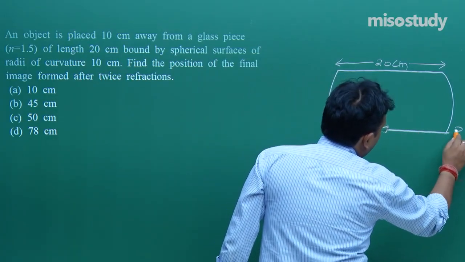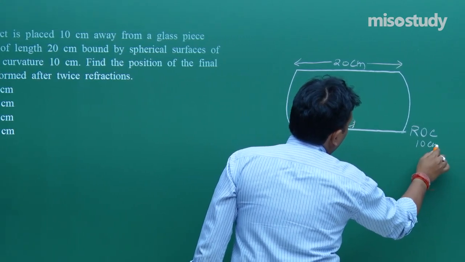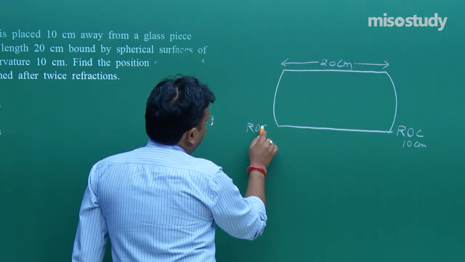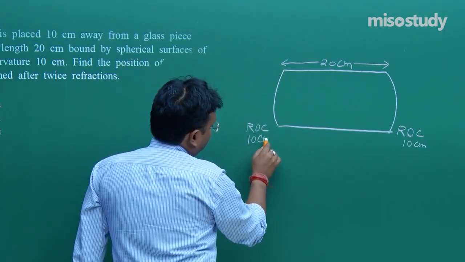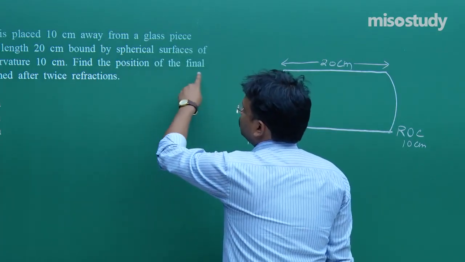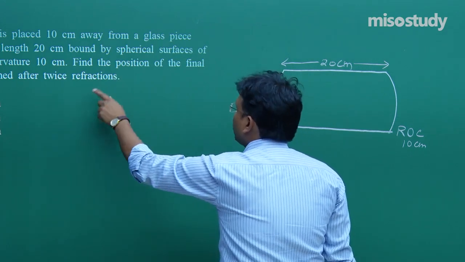So you can say ROC 10 centimeter. Fine. After that, find the position of the final image formed after 2 refractions.